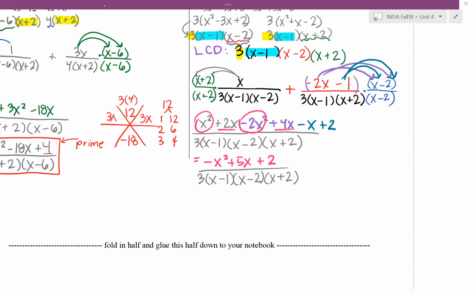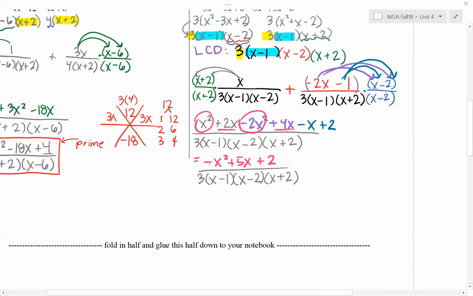And so our goal is always to try to factor. If we ever lead with a negative number on a trinomial or binomial, we want to factor out that negative number. So we're going to factor out a negative 1 from our numerator, which leaves us with negative x squared minus 5x minus 2. Ultimately, it's because this is something that we can factor now that's inside the parentheses, if it's not prime.